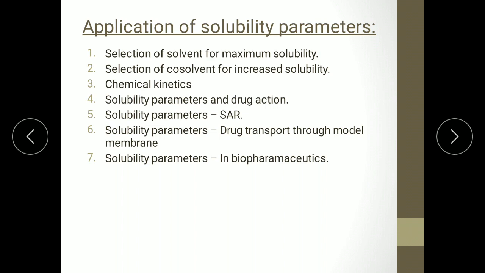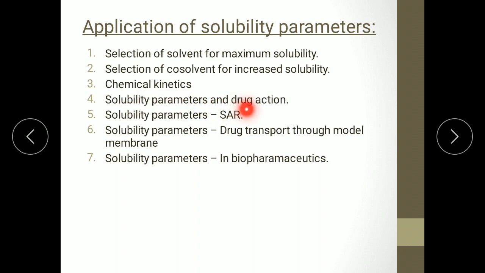By using that polarity scale, co-solvents are used to increase the solubility of solute. Third one is chemical kinetics. Polar solvents tend to increase the rate of reaction compared to non-polar solvents due to high internal pressure. Thus they are used in the study of chemical kinetics.